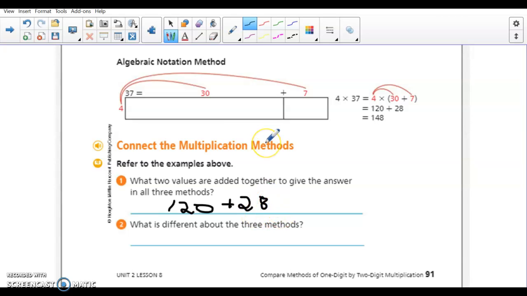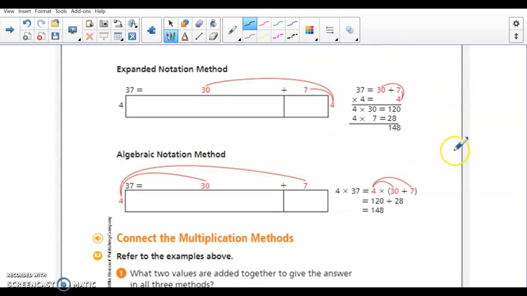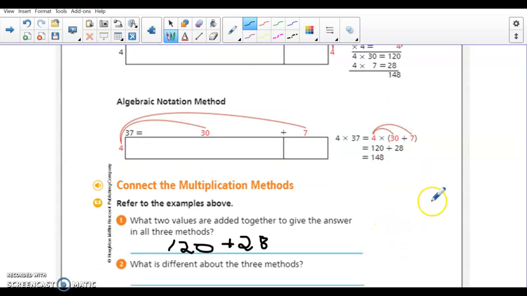That's going to change based on the problem that you have, but really all it is is our tens and then multiplying by our ones. And what is the difference about the three methods? Really the difference is how you want to organize your work. That is really the only difference. In each one of these, you're adding your tens plus your ones, tens plus your ones, tens plus your ones.